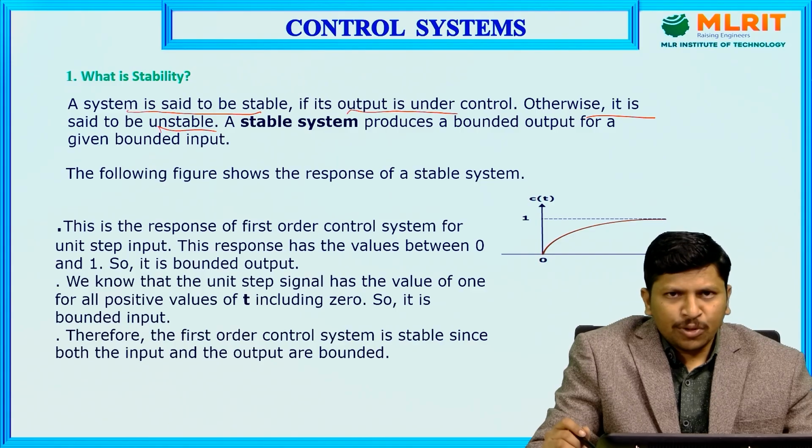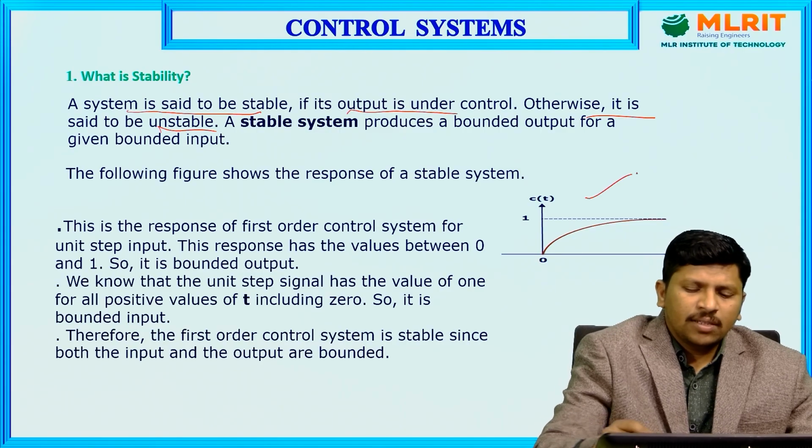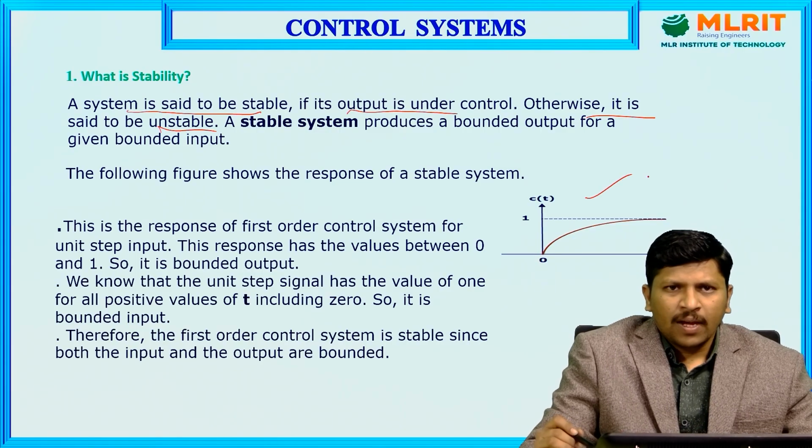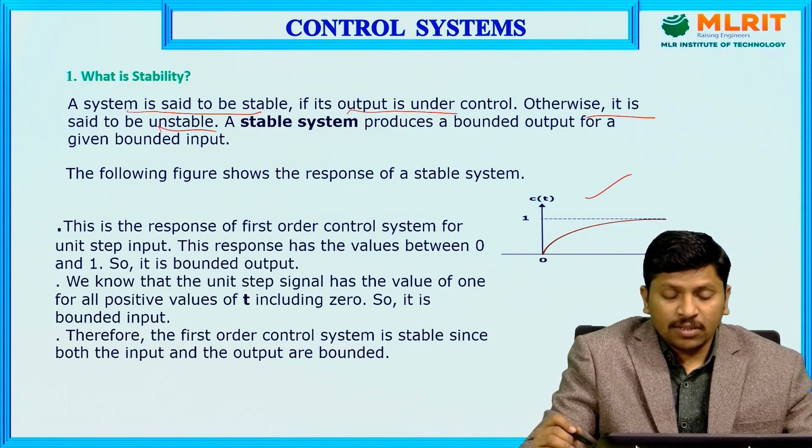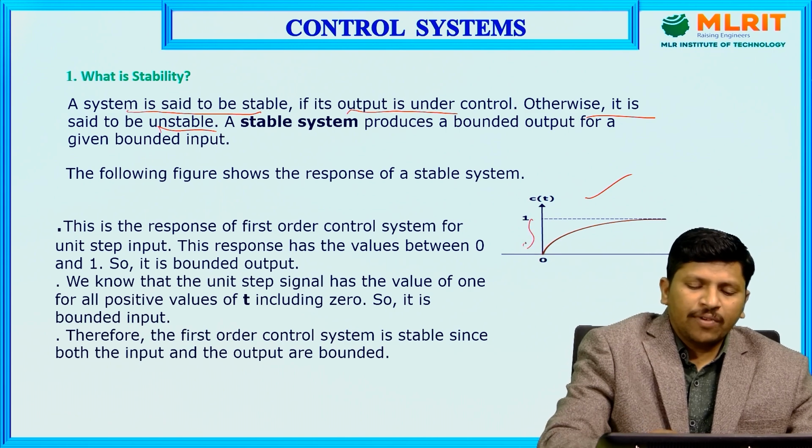Stable systems always produce bounded outputs for bounded inputs. Here see the figure: a unit step response of a first order system, going from 0 to 1. These are the bounded output values, right?